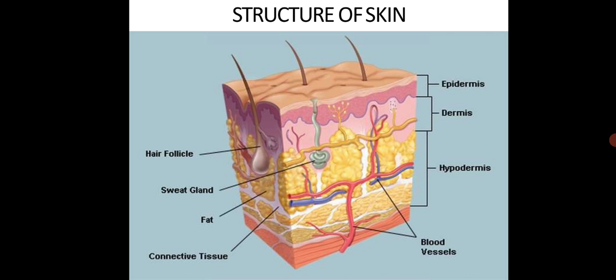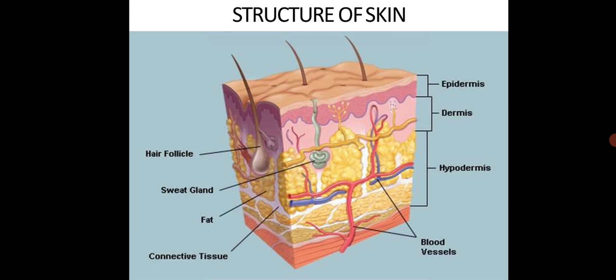As you can see here, the structure of skin. It has three major layers: first epidermis, dermis and hypodermis. Today we will see the two major ones, that is the epidermis and the dermis layer.